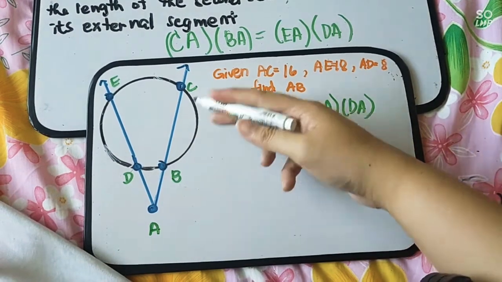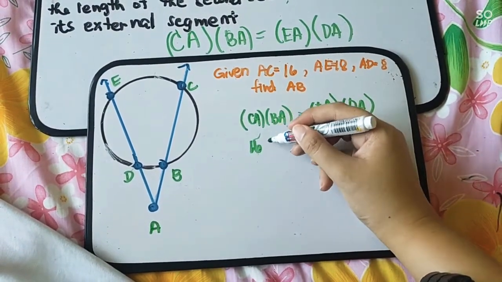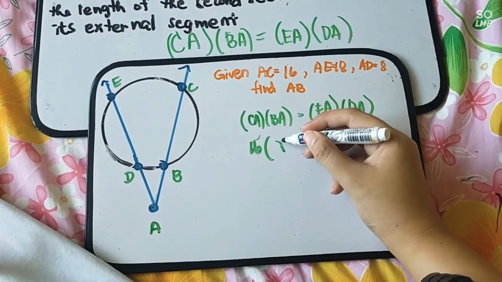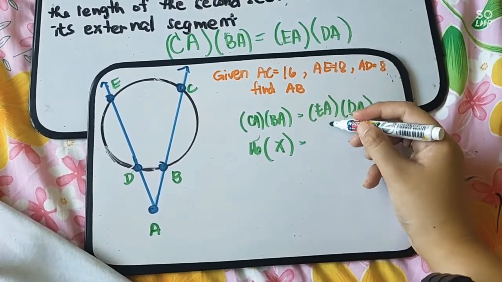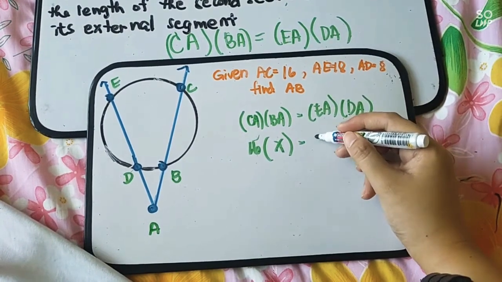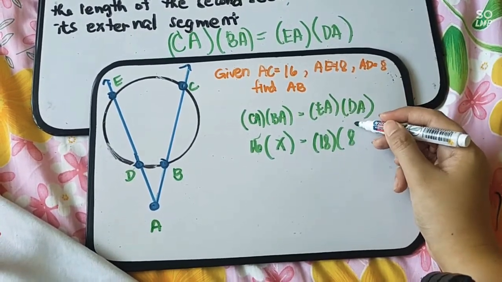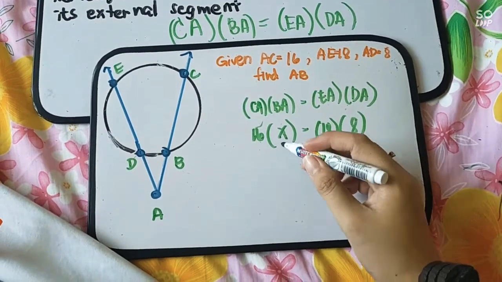Our CA or AC is 16. Our BA, or AB, is missing, so let us put x. It is equal to EA or AE, which is 18. Then DA or AD, we have 8.